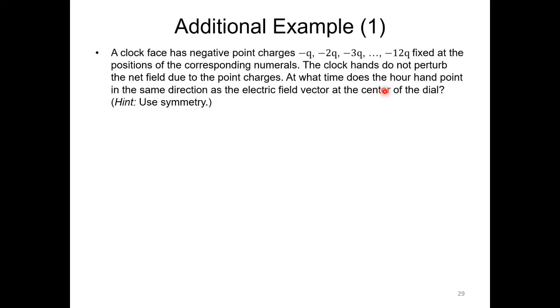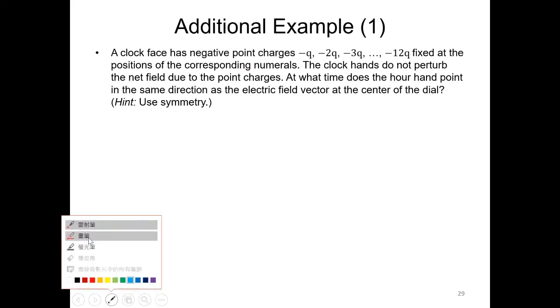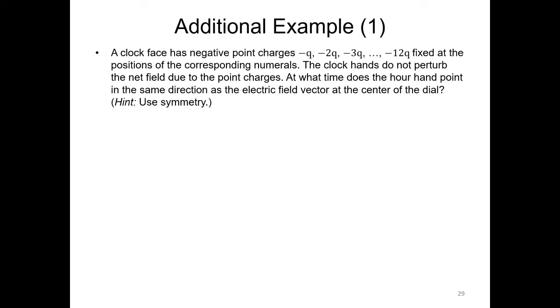Okay. So we have two additional examples for this chapter. The first one: a clock face has negative point charges -q, -2q, until -12q fixed at the position of the corresponding numeral.